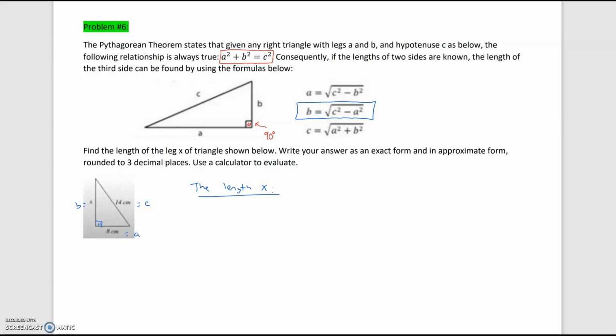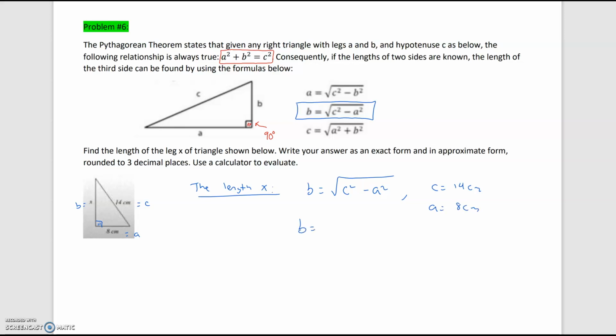So in this case, the value of B is equal to the square root of C squared minus the value of A squared. And we're using C as the 14 centimeters, and then the length A as the 8 centimeters.